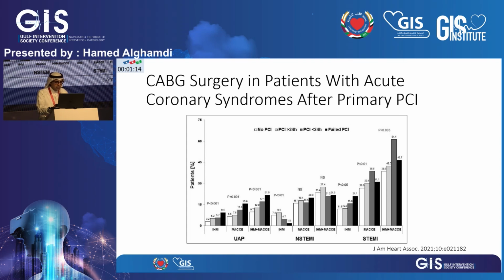You can see in the STEMI bars that those patients who had intervention early on had a very significant mortality. Just focus on the in-hospital mortality, which was 21%, and 15.8% in patients who failed primary PCI or had primary PCI but had to go for surgery early on.